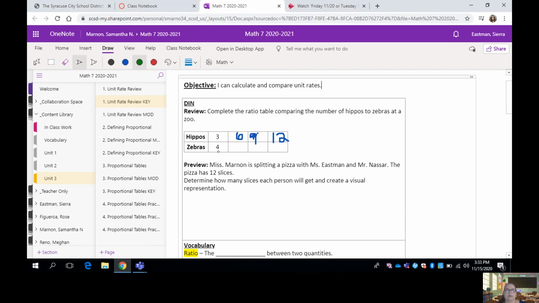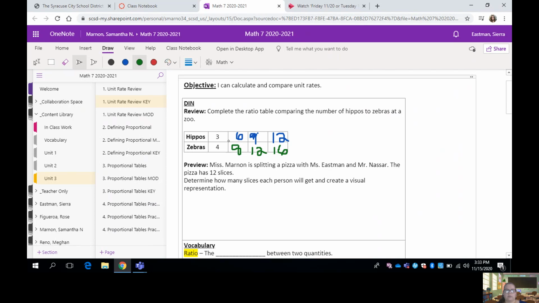But on the bottom, in order to keep my ratio the same, I want to take this 4 and count by 4s each time. So I'm counting here 4, 8, 12, and 16. If counting by each number helps you out, that's what we can do.